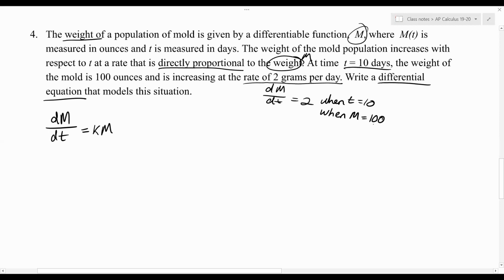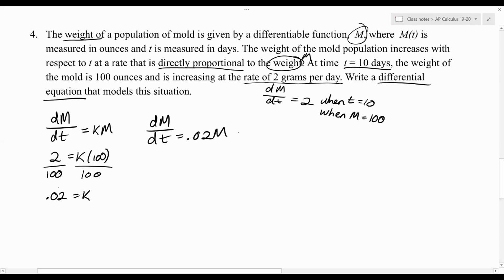So we can plug this in. dm/dt is 2 equals k times m. Well, m is 100. Solve for k. So we divide by 100, divide by 100. We get 0.02 equals k. Now we can rewrite our differential equation using that value for k. dm/dt equals 0.02 m.